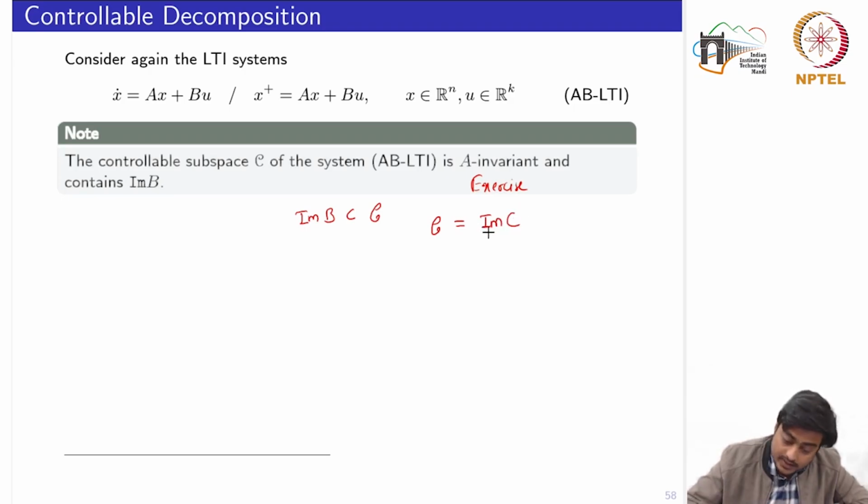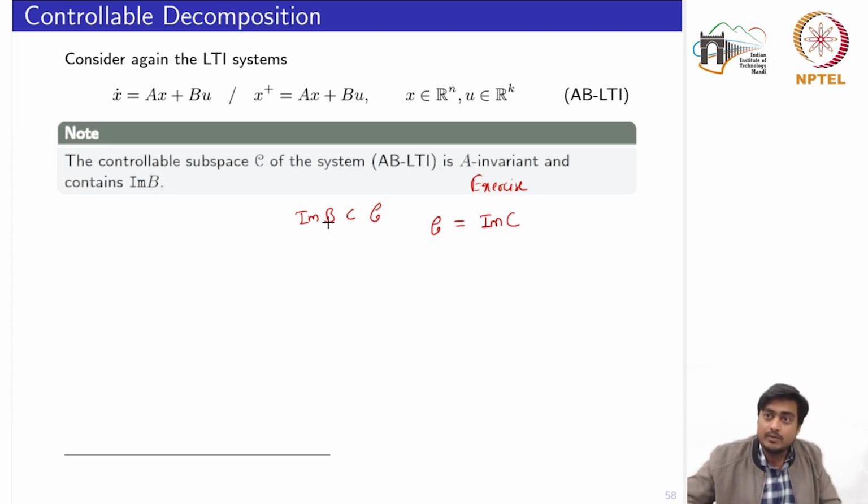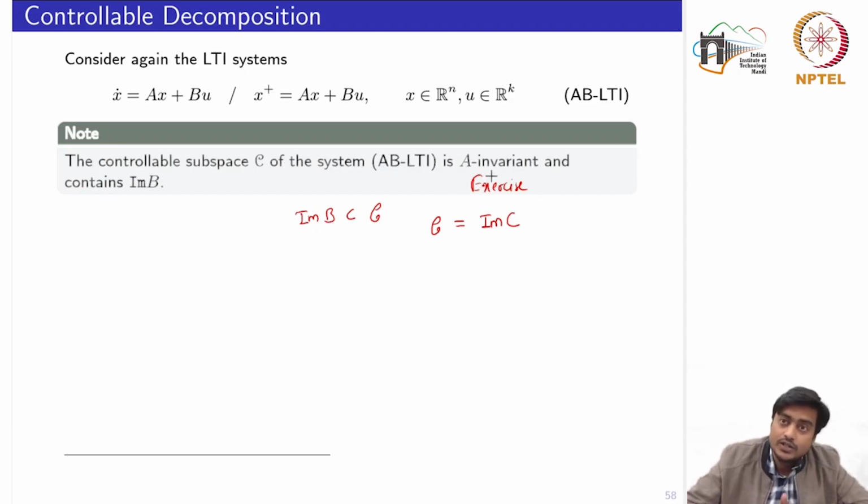And this image of the controllability matrix contains the subspace image of B. The proof is pretty much straightforward. For the first part, A-invariance, we have already shown that the controllability matrix is A-invariant, right? So you can take this as an exercise and solve it by yourself to prove this property.